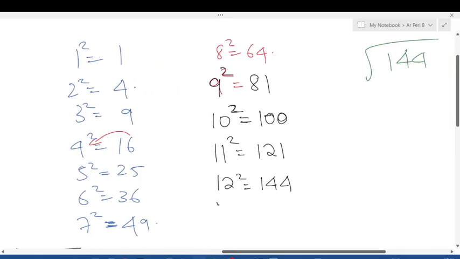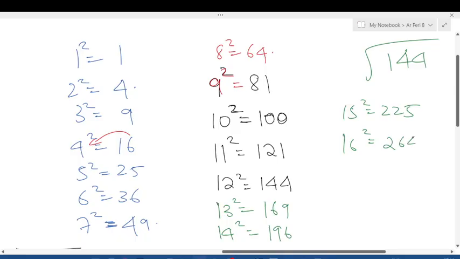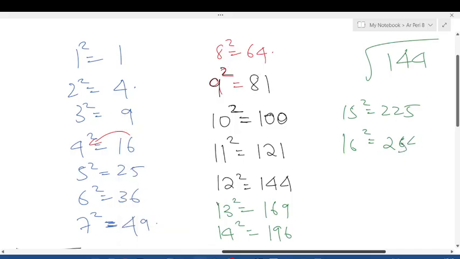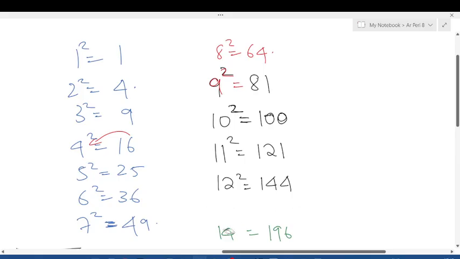Yes, 17. 1, 4, 9, 16. Okay, so 17 square is 289. For today's homework, up to 12 it's enough. Copy up to 12, complete it.